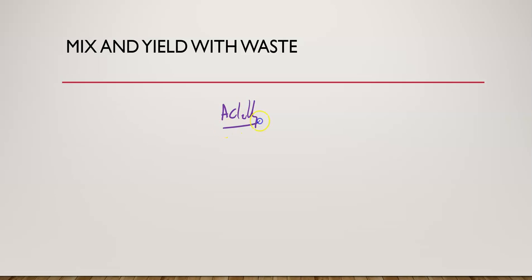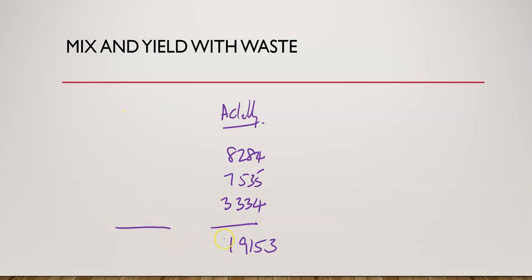What actually happened was you had 8284, 7535, and 3334. That's your actual mix, and the total is 8284 plus 7535 plus 3334, which gives you 19153.